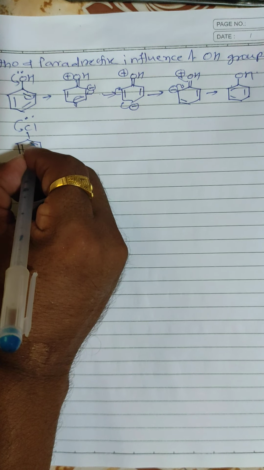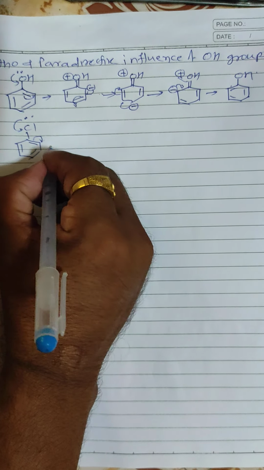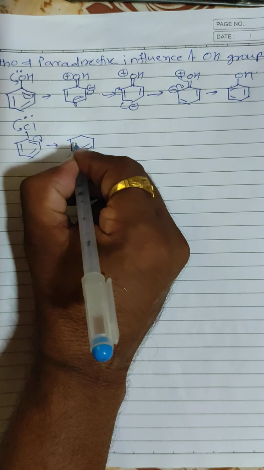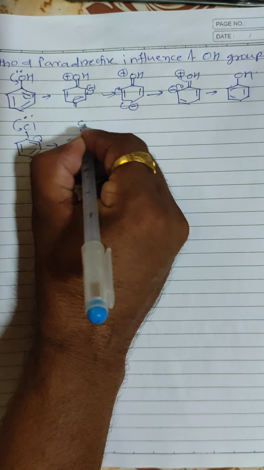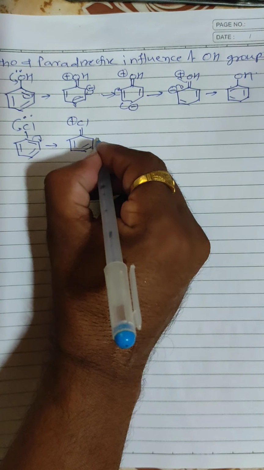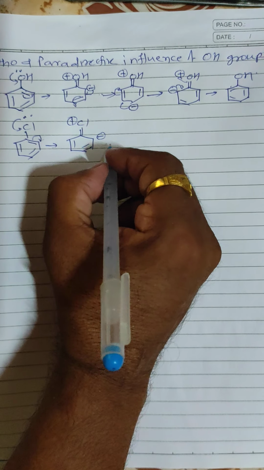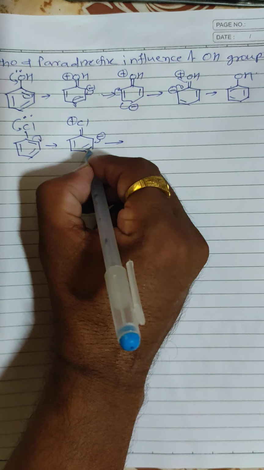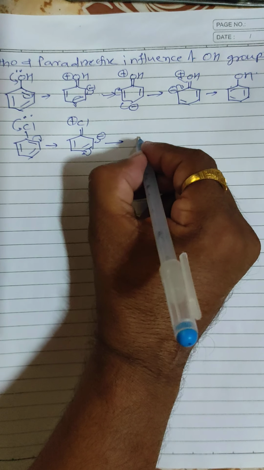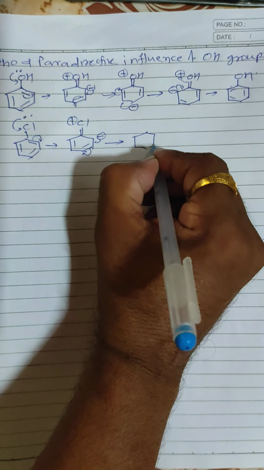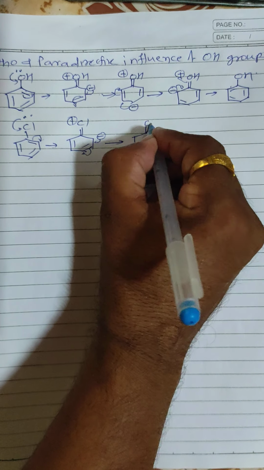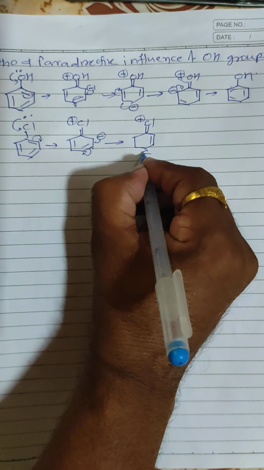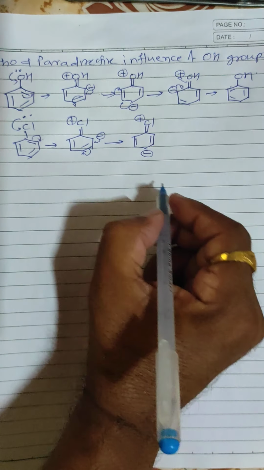These bonds are shifted here and to form Cl having a positive charge, here negative charge, that is ortho. Again they are shifted here, and to form the next resonating structure, double bond Cl positive, then here a double bond, negative and double bond.